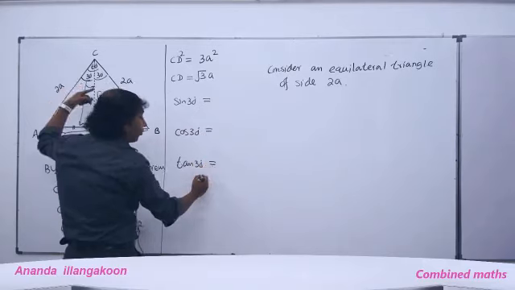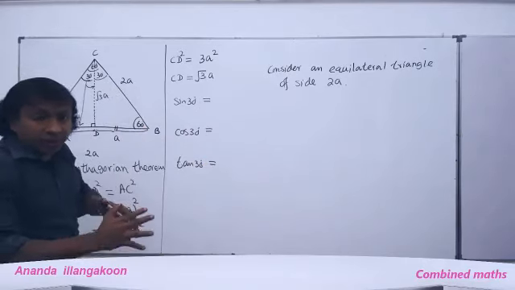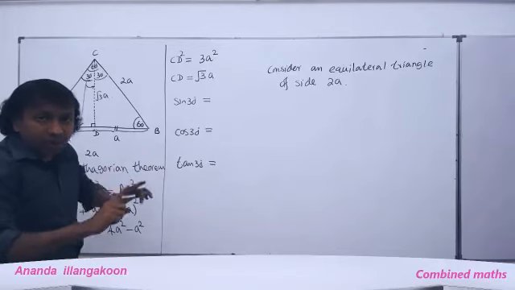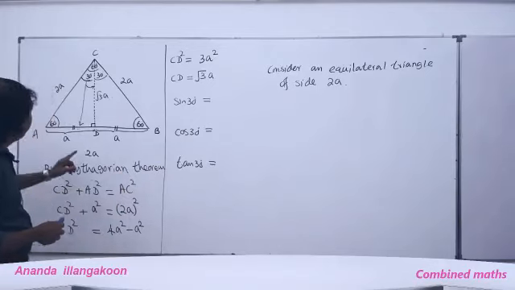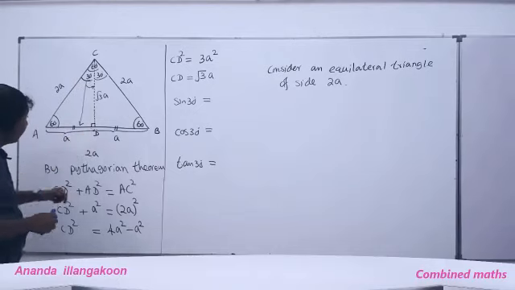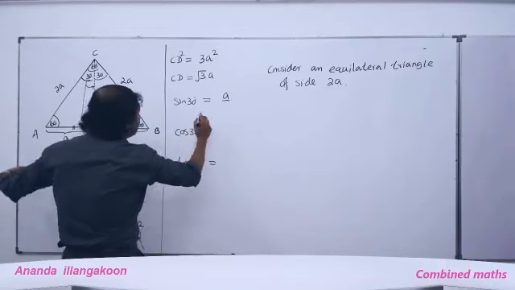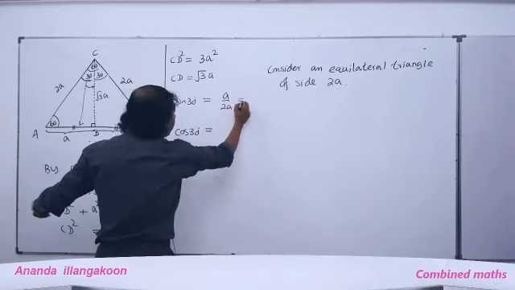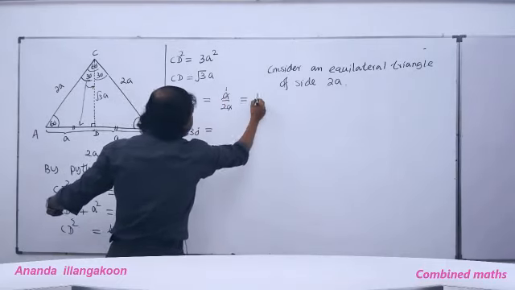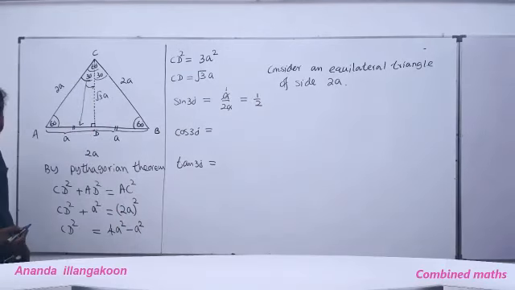What is the definition of sine related to a right angle triangle? Opposite by the hypotenuse. For 30 degree, opposite side is AD. It's A. Hypotenuse is 2A. Cancelling this A and A, we get half. Sine 30 is half.